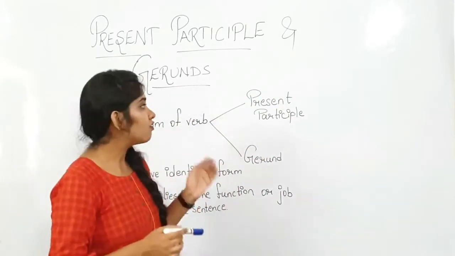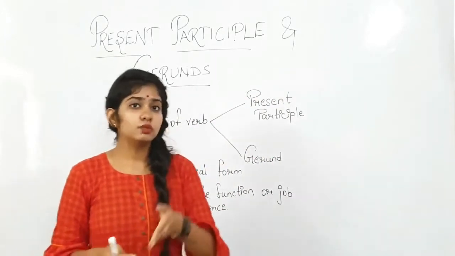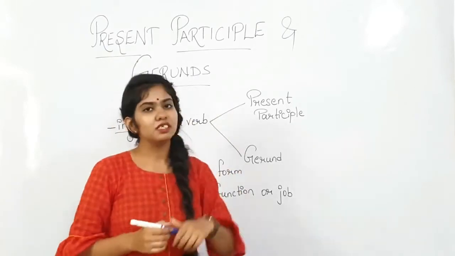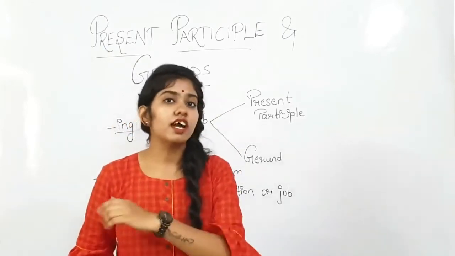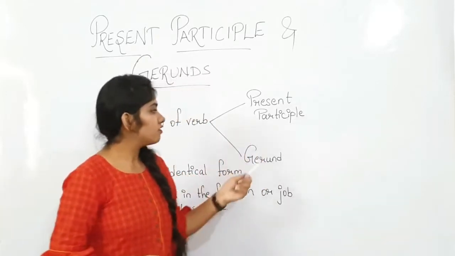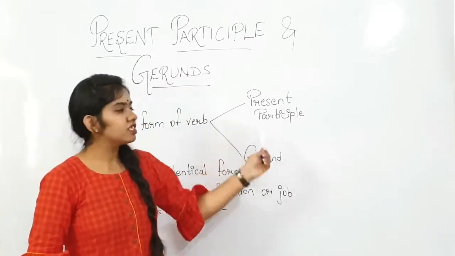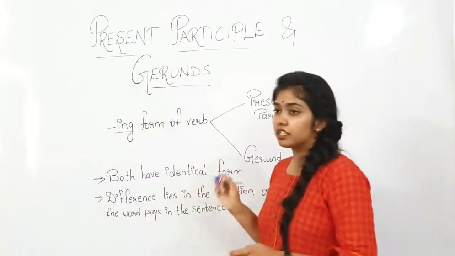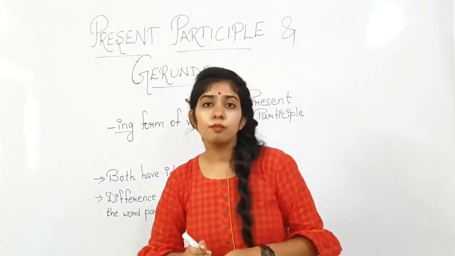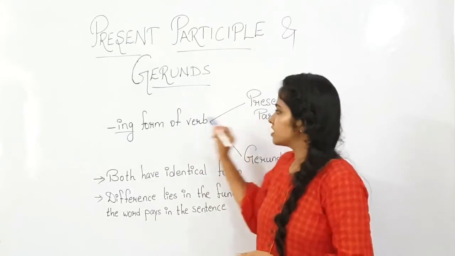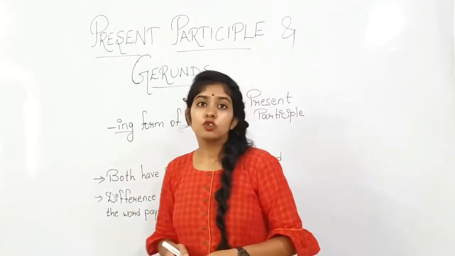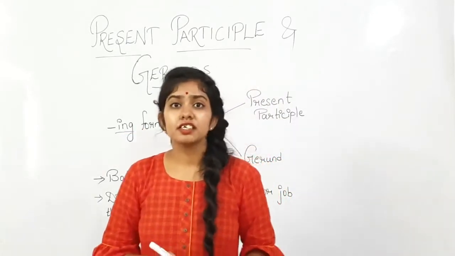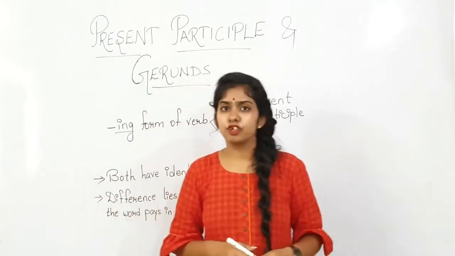But how will you identify that this word is gerund and this word is present participle? Because both have identical form. Identical form means that ing is added behind both words. So it will create confusion for you.